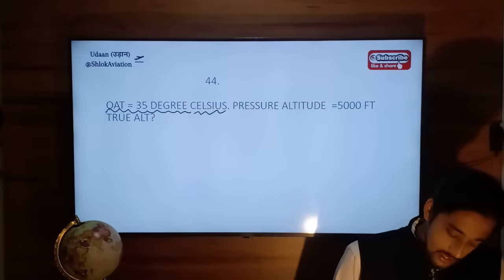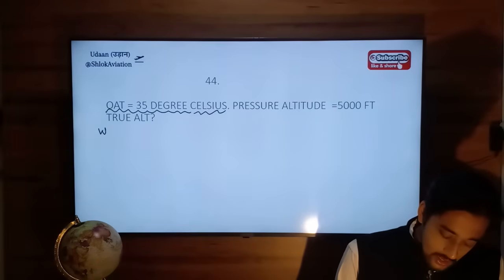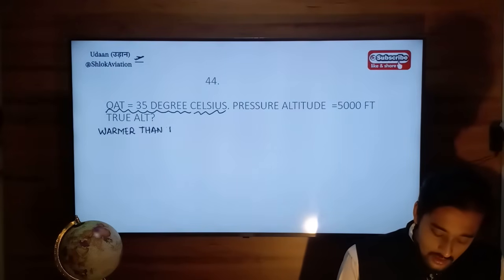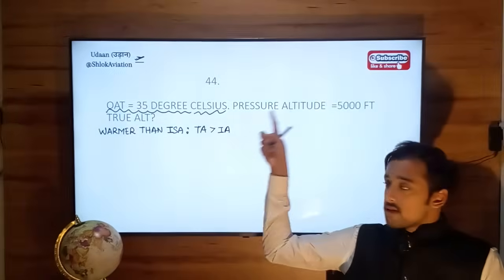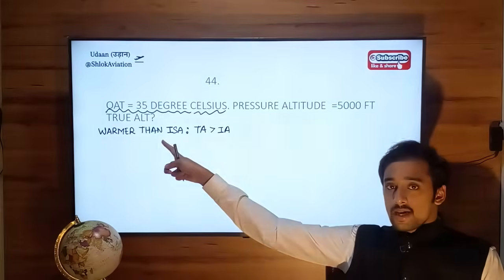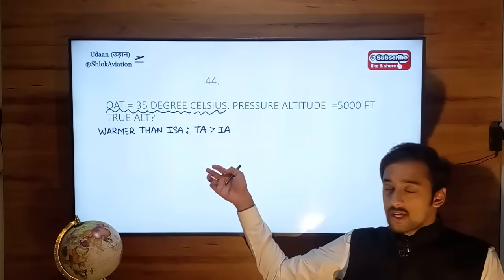A simple theory I will tell you is that when temperatures are warmer than ISA, your true altitude will be more than indicated altitude. So currently indicated altitude is 5,000. If temperature is warmer than ISA, we will find that out, ISA deviation.